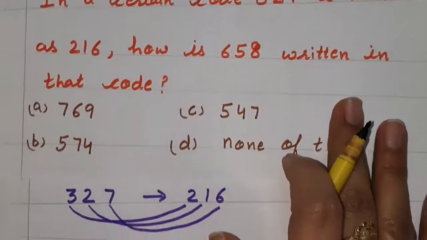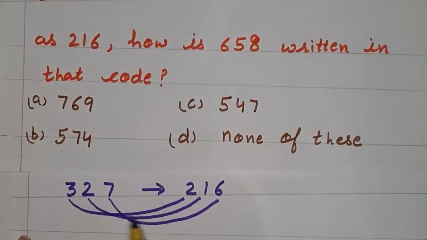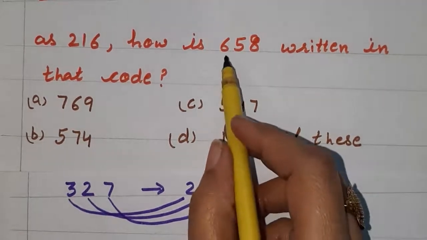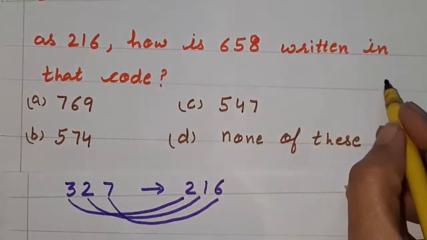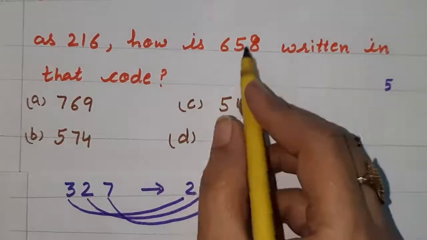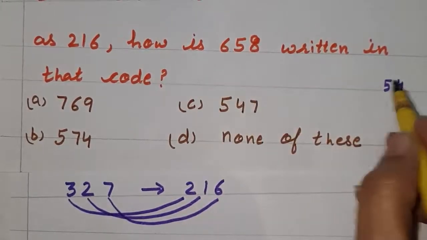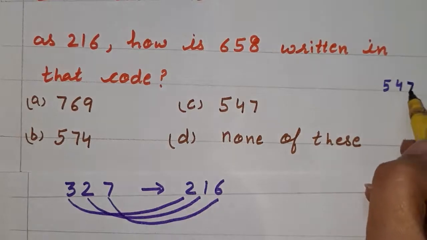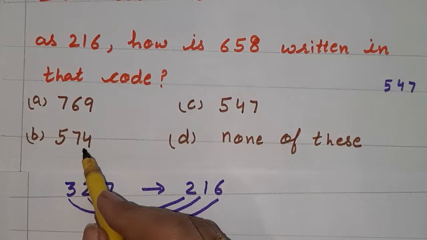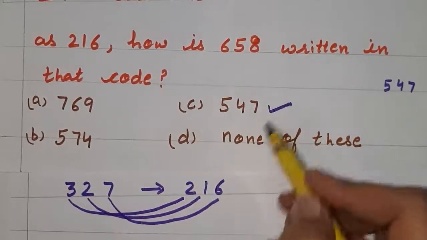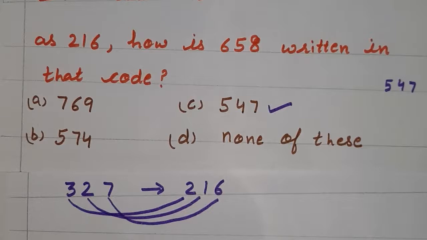Are you getting it? 1 less. Got it? Now check our question. It is asked for 6, 5, 8. 6 will become 5. 5 will become 4. 8 will become 7. Are we getting any option? 7, 6, 9, 5, 7, 4. Yes, this is our answer. Understood?